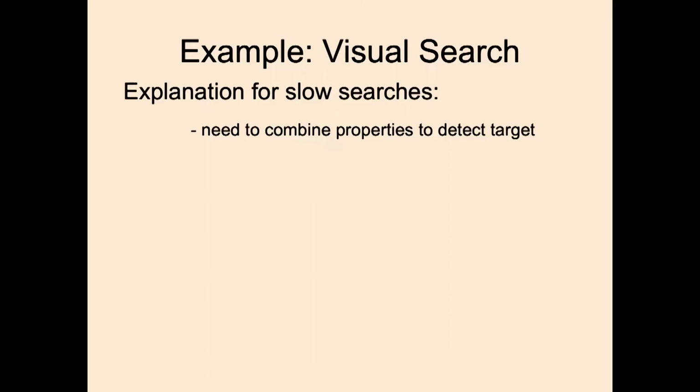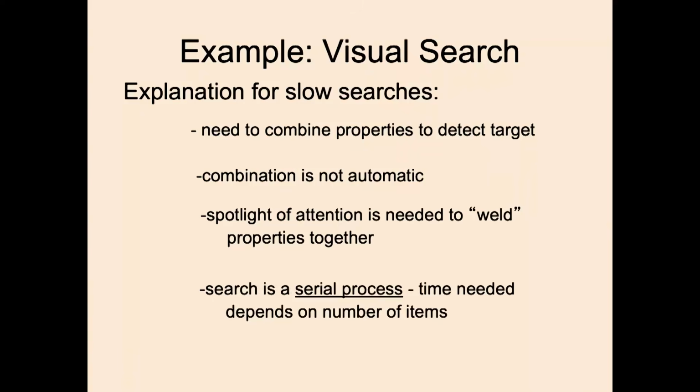Okay? And so the classical explanation for these slow searches is that the target is defined by a combination of properties. And so in order to detect the target, you have to combine those properties. And the combination is, by hypothesis, not automatic. And so one of the functions of attention is to facilitate the registration of the different properties that make up the target.